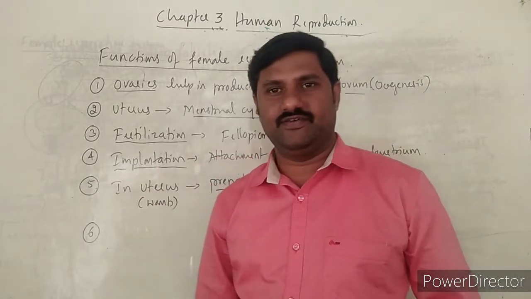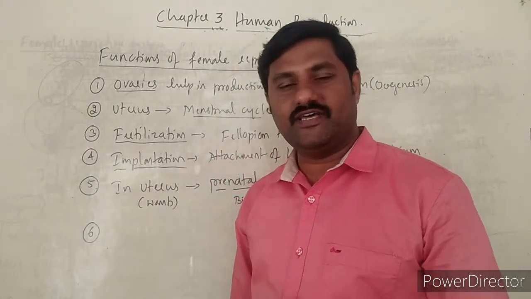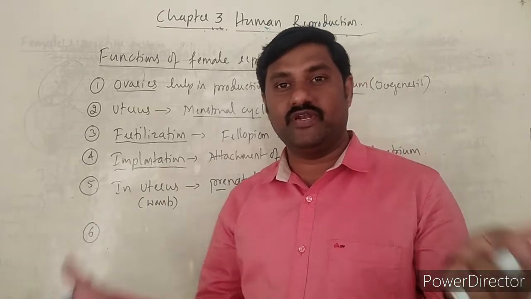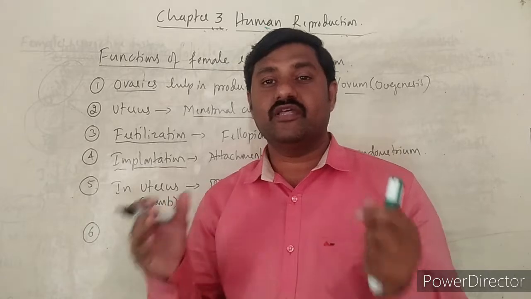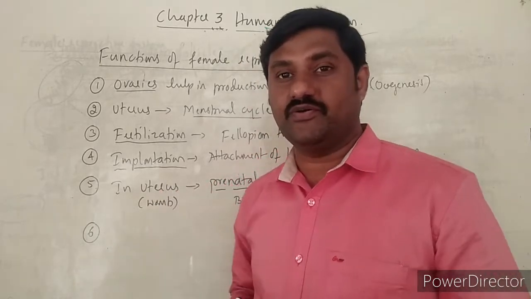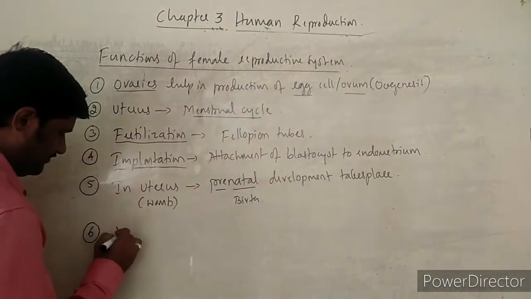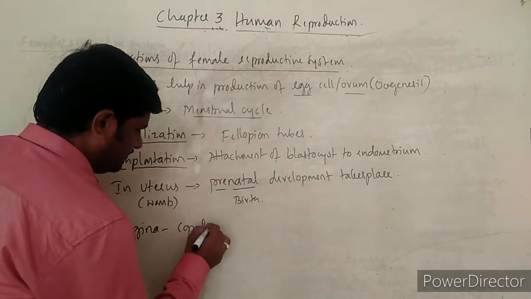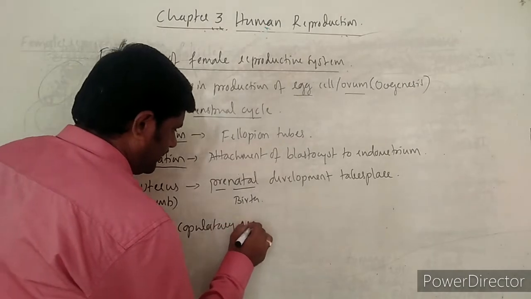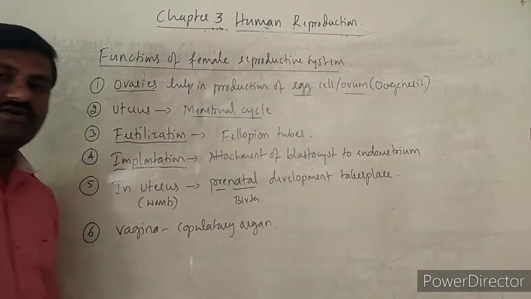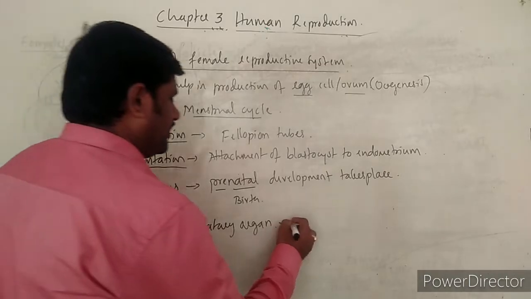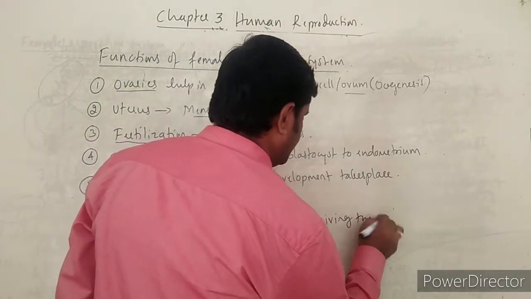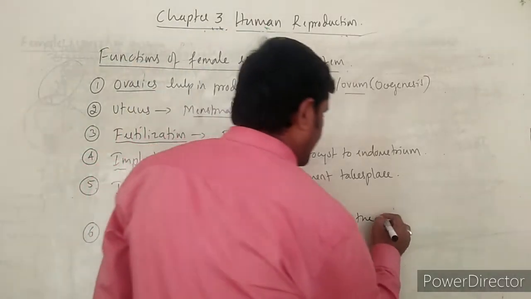Next one is, what is the next one? The vagina is also one of the parts of the female reproductive system which helps in receiving the seminal fluid during sexual intercourse, right? The vagina is a copulatory organ, which helps in receiving the seminal fluid.